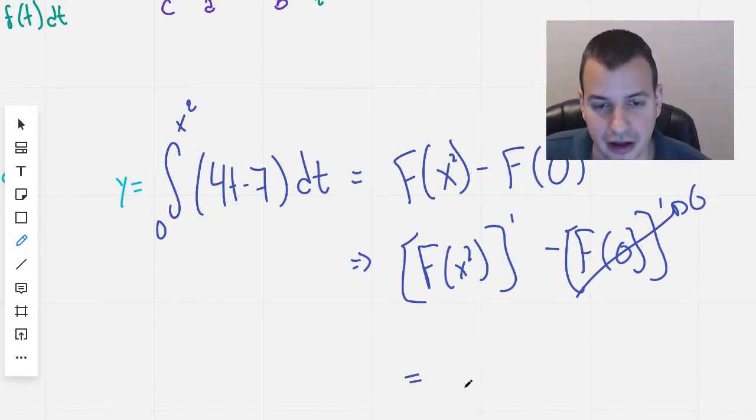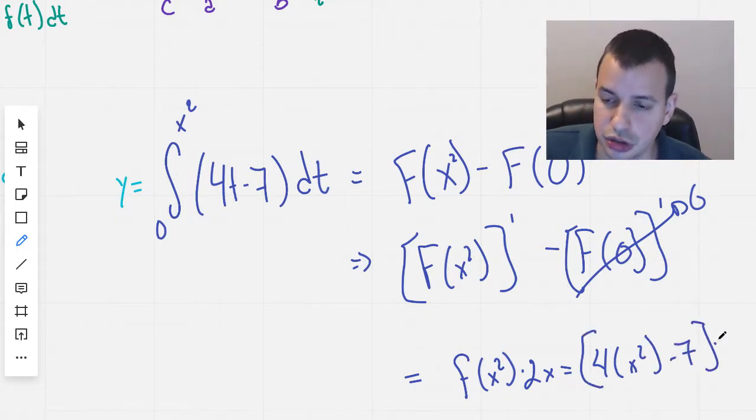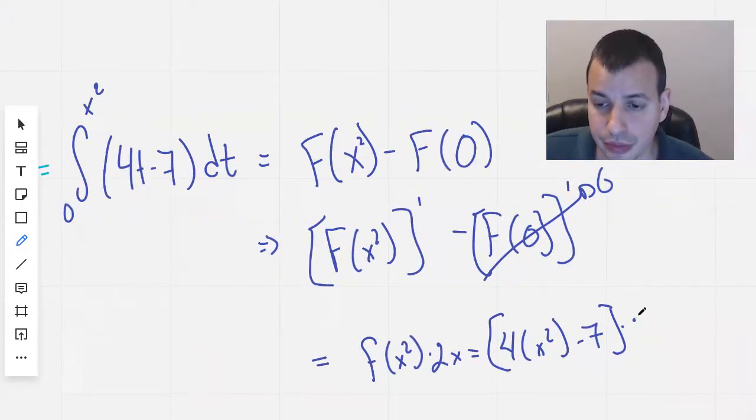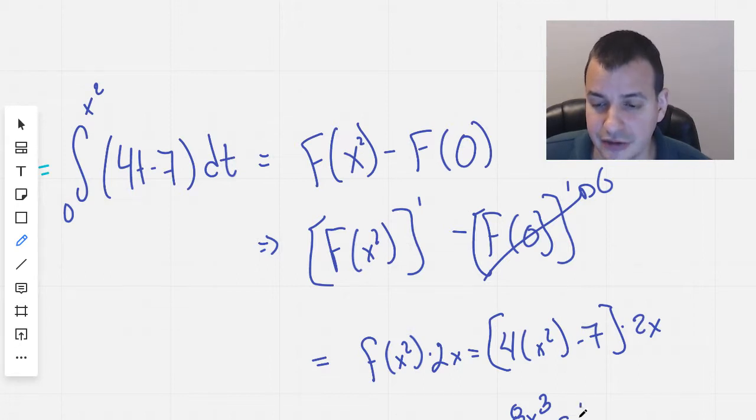We then have F of x squared times 2x, which is 4 times x squared minus 7 times 2x, which we can then simplify to 8x cubed minus 14x.